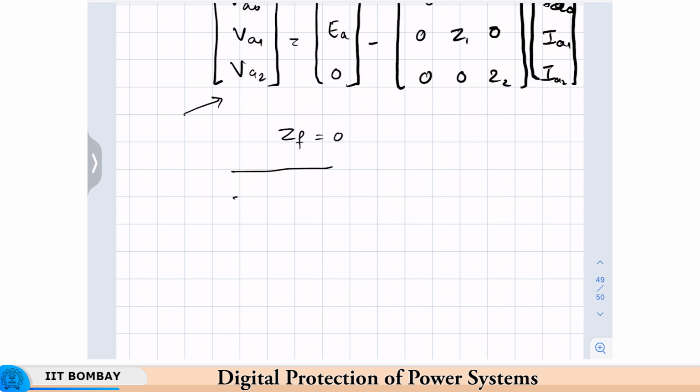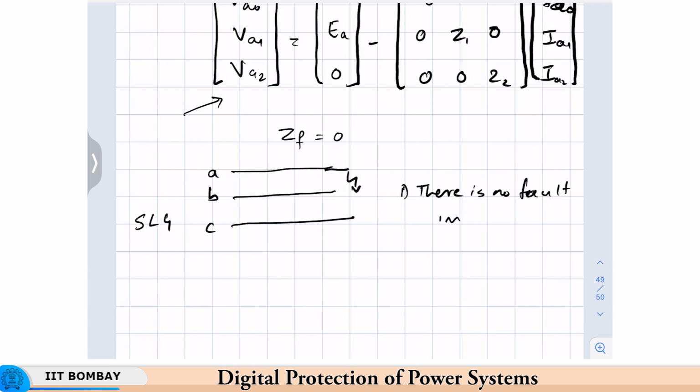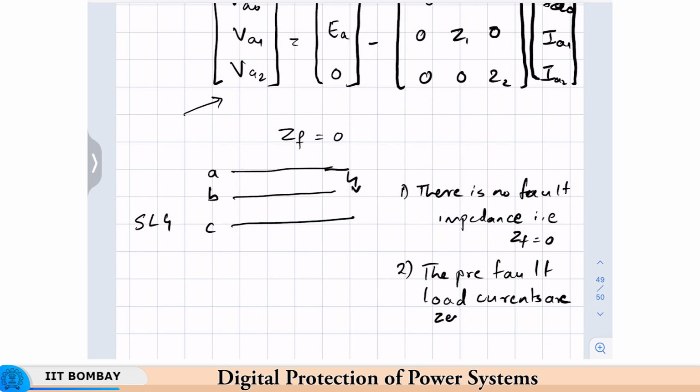We are taking a three-phase circuit, and in the case of the first fault, which is the SLG fault, say this is phase A, B and C, we take that phase A gets shorted to the ground in a solid fault. The first assumption of course is that there is no fault impedance, ZF is equal to 0, and the second is that the pre-fault load currents are zero, or there is no pre-fault load flow.